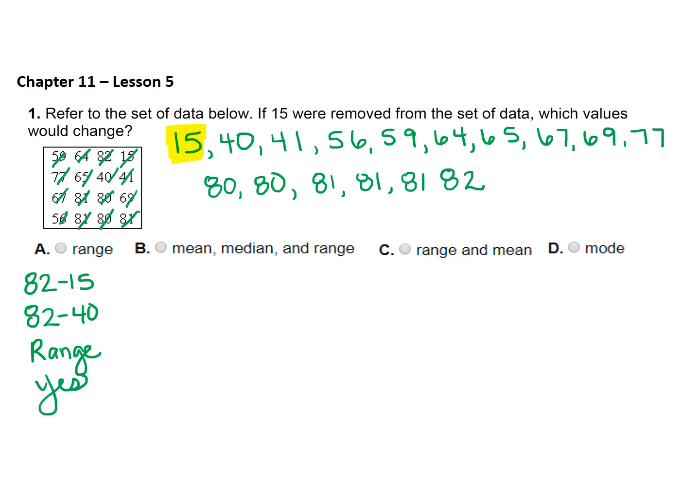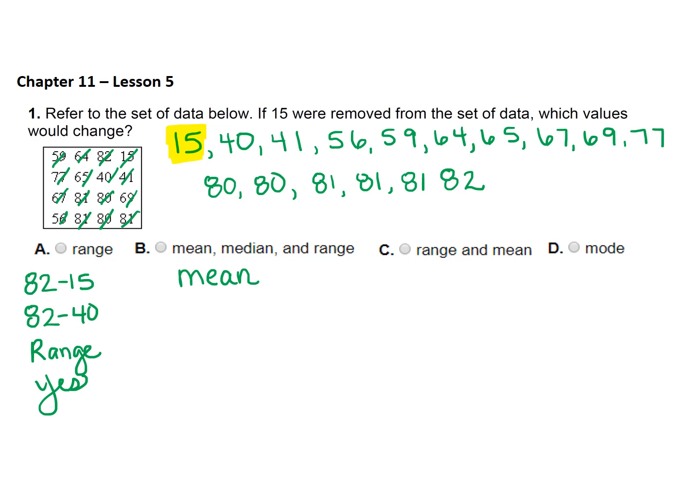All right, next, let's talk about the mean. The mean is going to change because if I keep 15 in there, I'm going to have a different sum, and I'm also going to be dividing by a different amount of numbers.